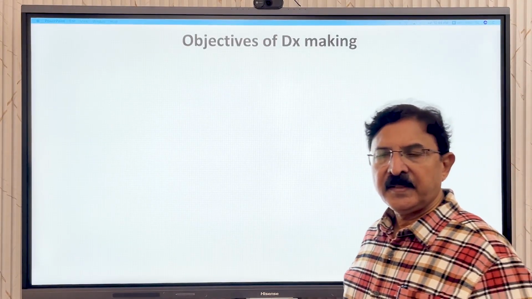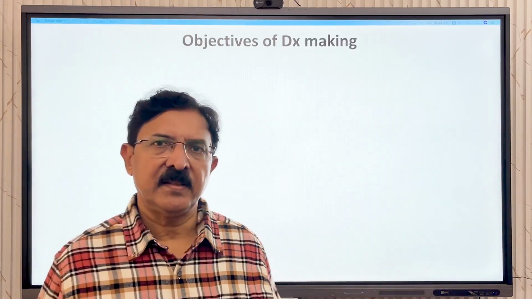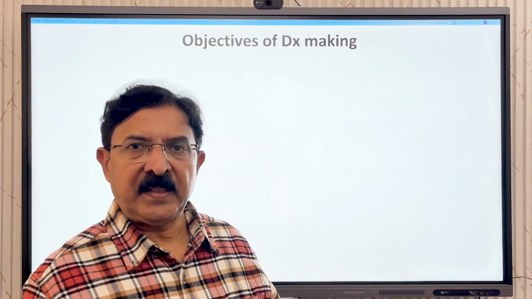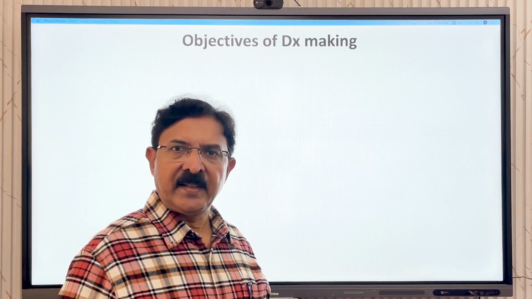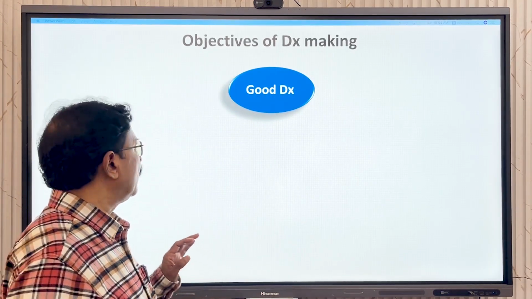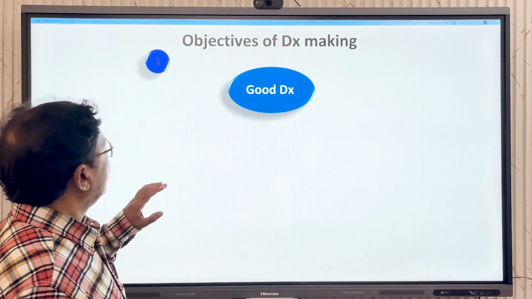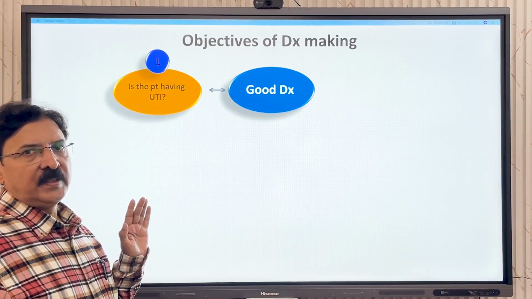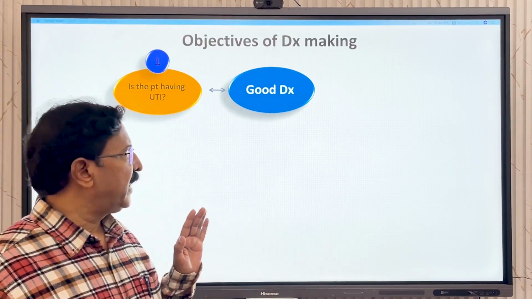Let us first see what our intention as a clinician is in a patient who is suspected to be having lower urinary tract infection. You obviously need a good diagnosis. The first part of which is to prove that the patient is having urinary tract infection.